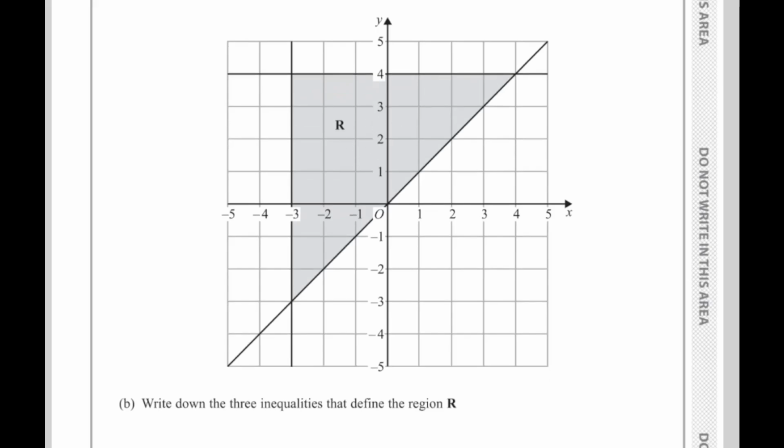Before doing anything else, let's highlight those straight lines in red. We can't use a dotted line, so let's use a solid line and red. This line, and this one, and this one.